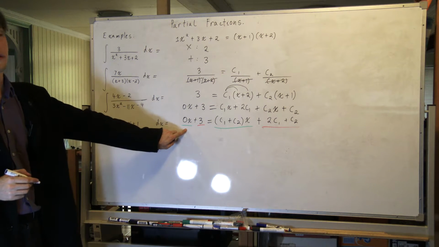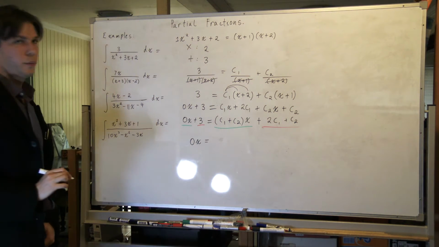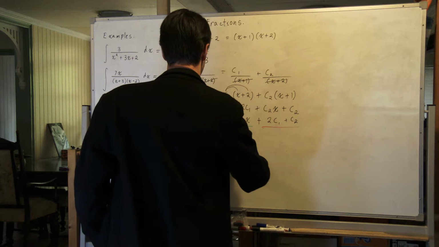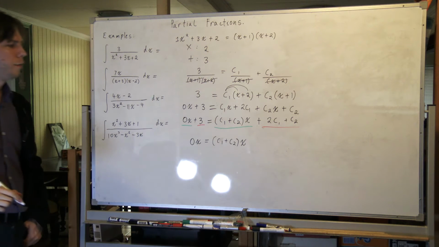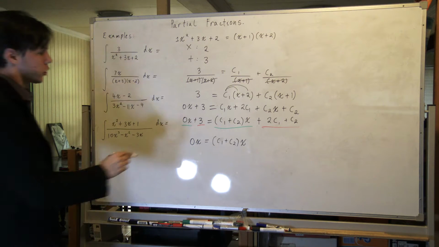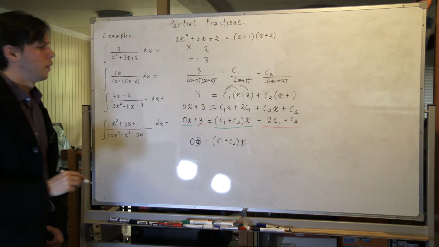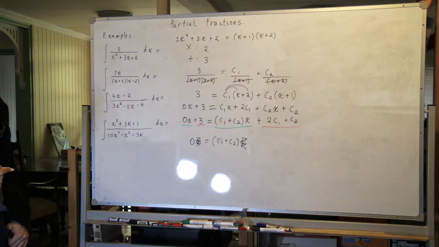On the left-hand side, we have 0 times x. On the right-hand side, we have c1 plus c2 times x. I can go ahead and divide both sides by x, which just gets rid of it there and there. So I'm saying c1 plus c2 equals 0. That's my first equation. It's an equation with two unknowns.